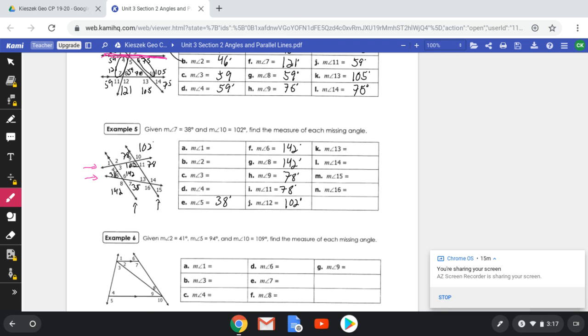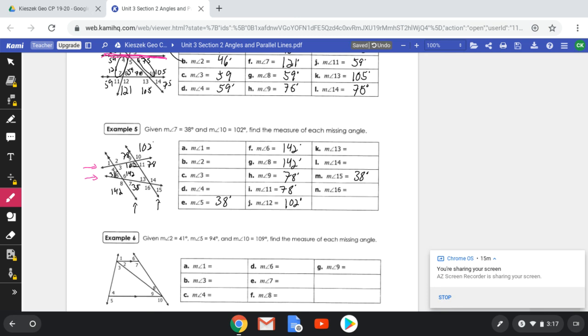So 7 and 15 are the same angle measurements because the arrows in black are my parallel lines and pink is my transversal. So I can go along the pink. I cannot go along the black in this case because that means it's going through the two pinks, which aren't parallel. So 7 and 15 are 38.